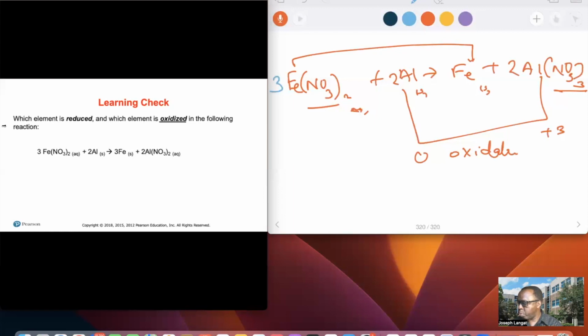This is plus 3 to 0, where we are adding electrons, so this is reduction.